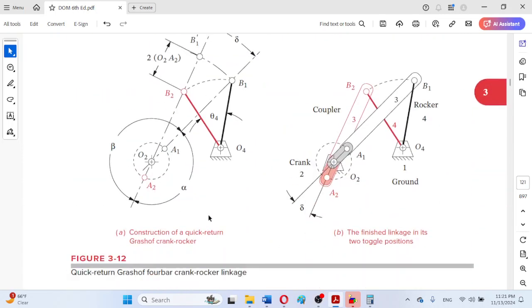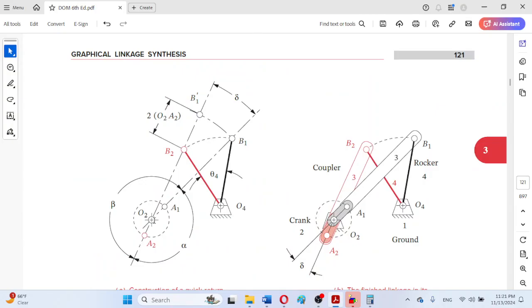So the radius of the arc or the compass radius will be O2 B1, and we will be describing a circle or an arc equal to the radius O2 B1, and that will intersect the line O2 B2 here. If we extend this line, that will make an intersection here.